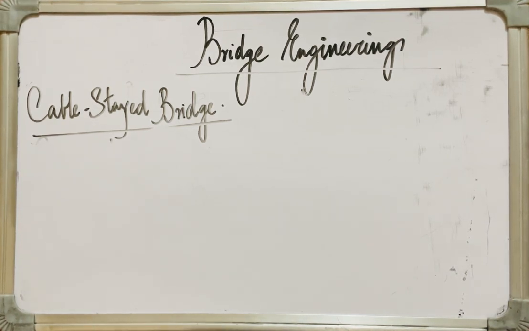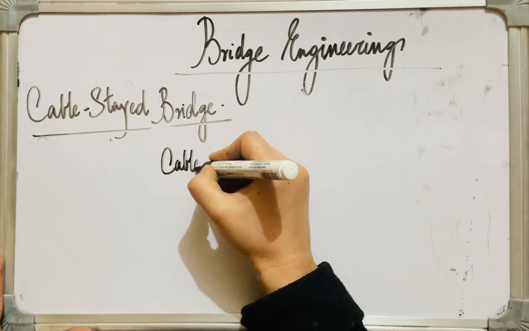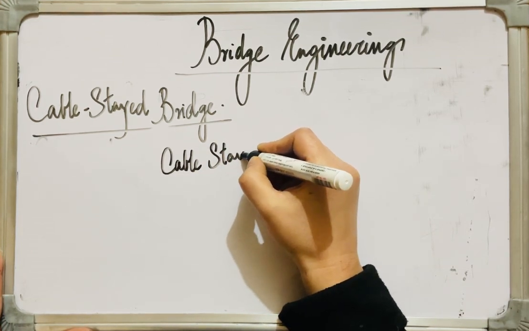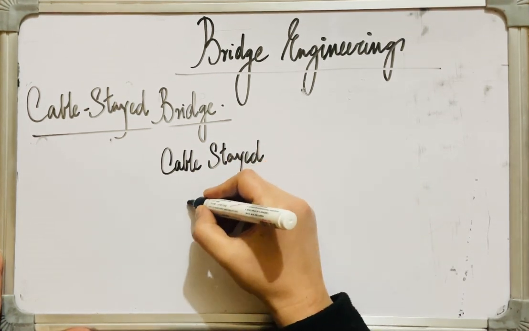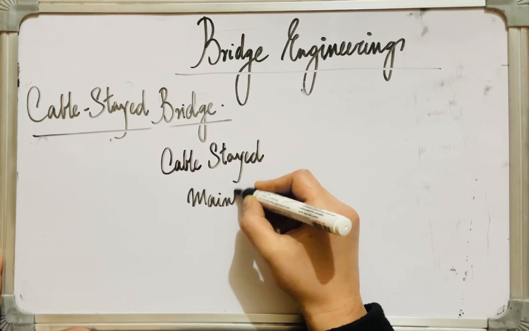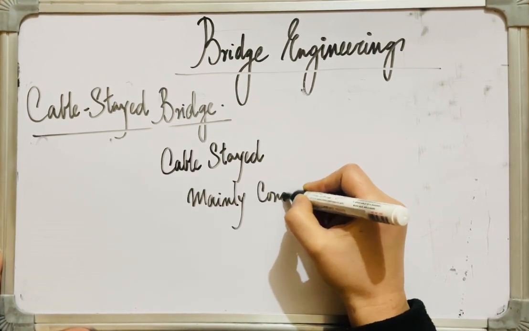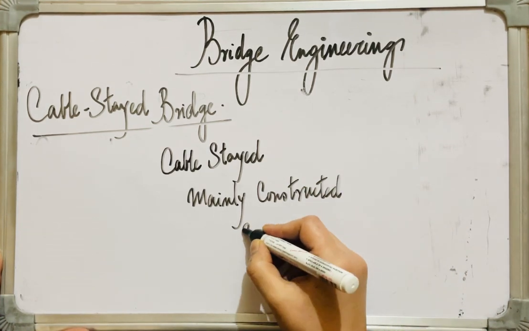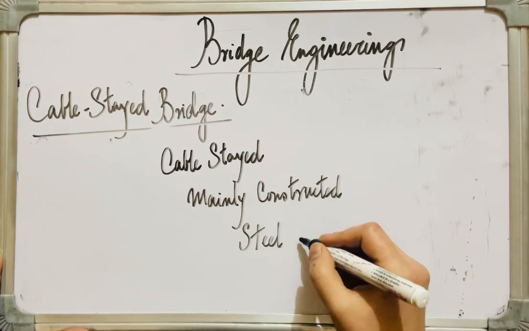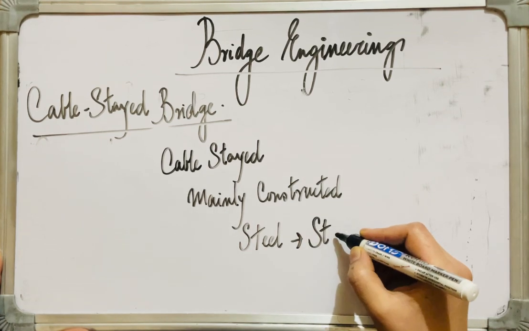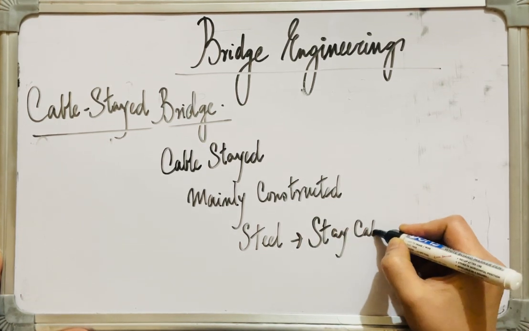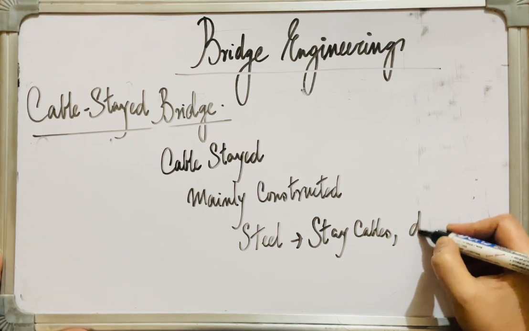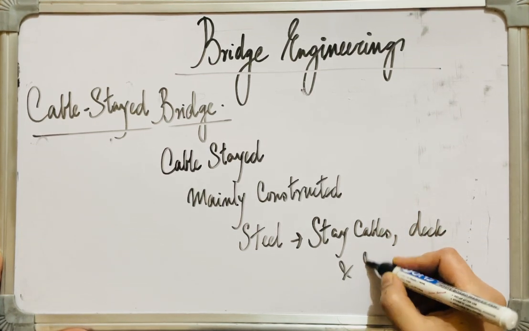All right, the early cable stayed bridges were mainly constructed using steel for stay cables. We use steel for these stay cables and deck and towers as well.